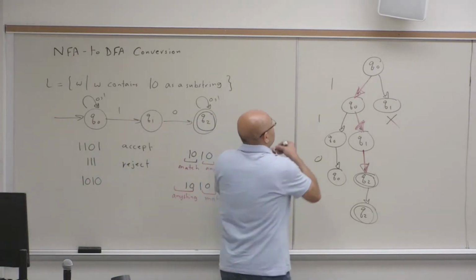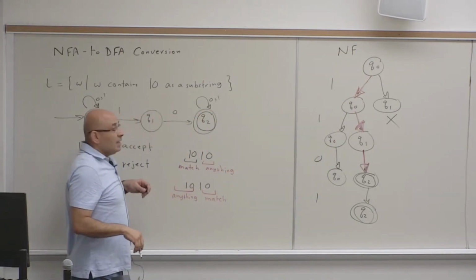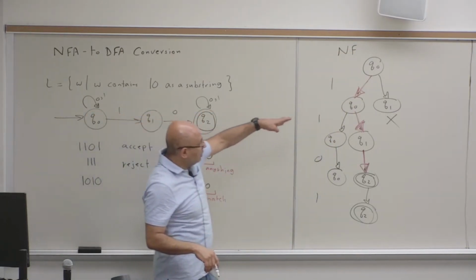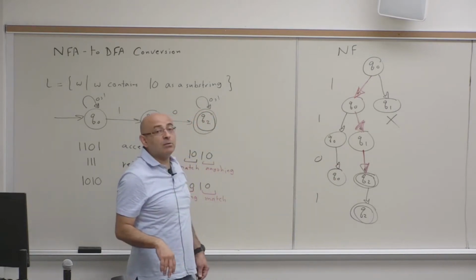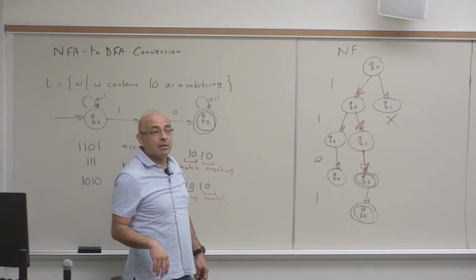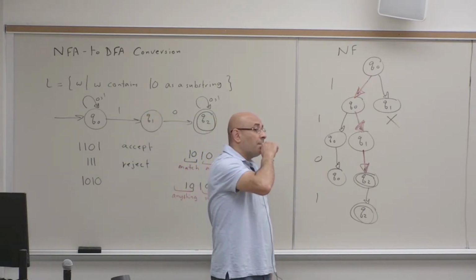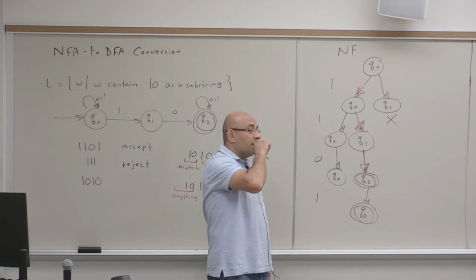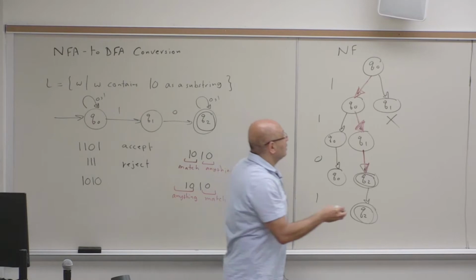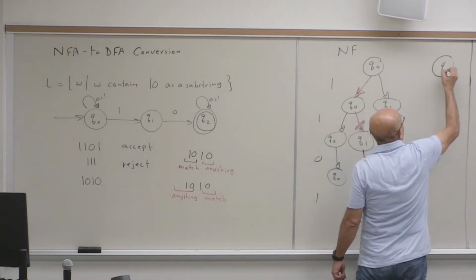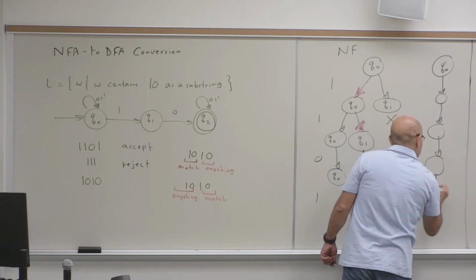Now this is for an NFA, how an NFA can be traced. If we were to draw the same graph for a DFA, what will it look like? It would just go down one straight path. There will always be a single, unique path.